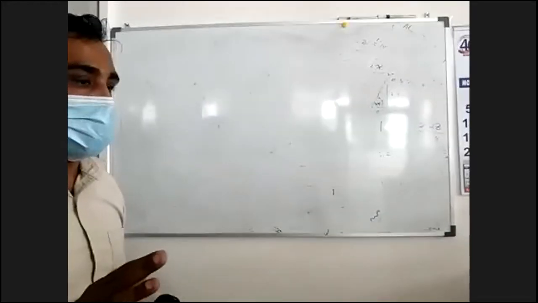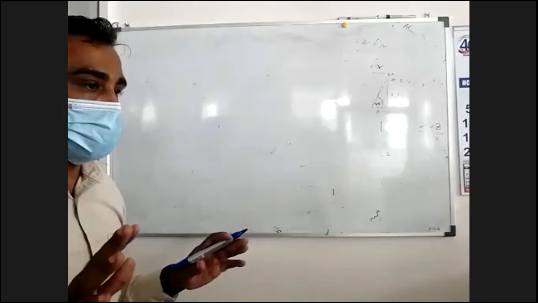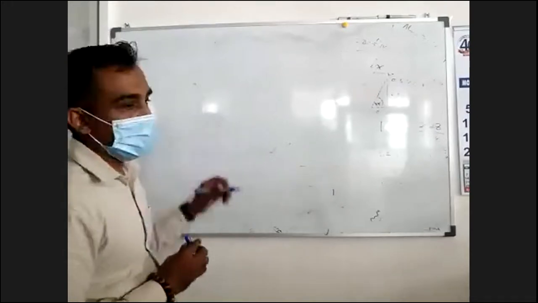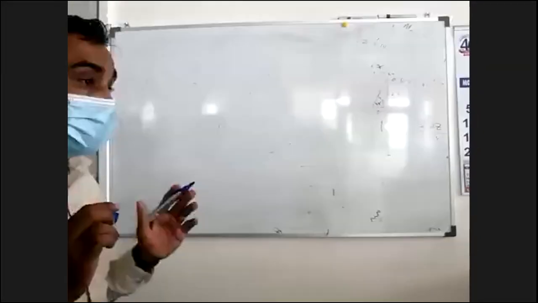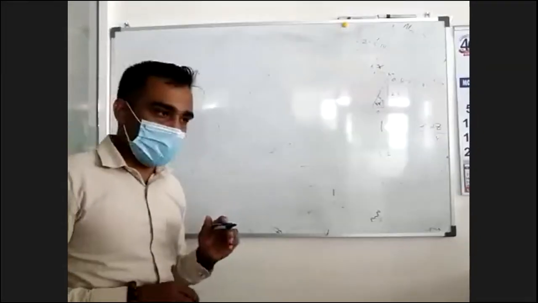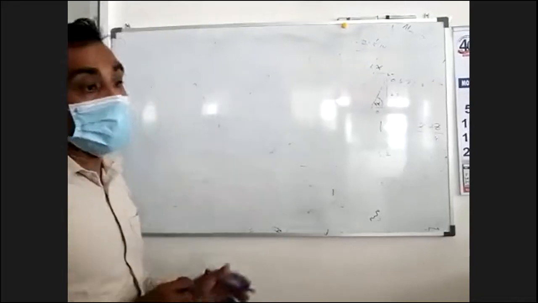Am I audible? Yes, sir. Okay. This is a simple assignment for you. Maybe you can draw a scale diagram using a graph sheet. I will draw a rough diagram for you.